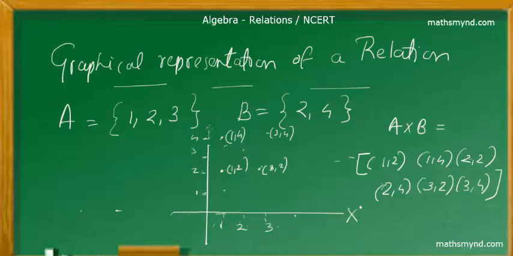So the important thing is that, as I have mentioned earlier in a particular video, the axis can be used to represent the elements of a set. So you have the x-axis which represents the elements of set A, that's 1, 2, and 3, and you have the y-axis, that's the positive axis, where you have the elements of B as 2 and 4.